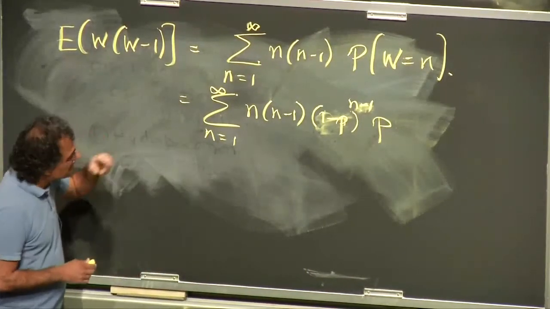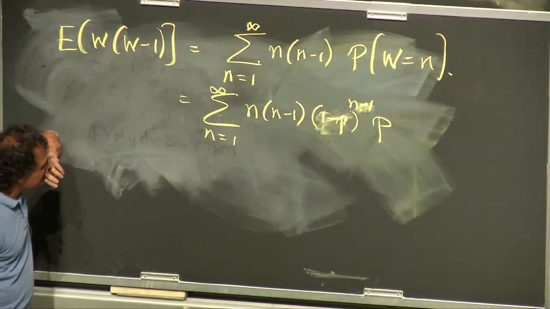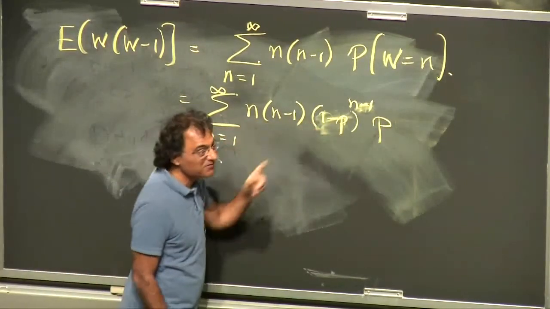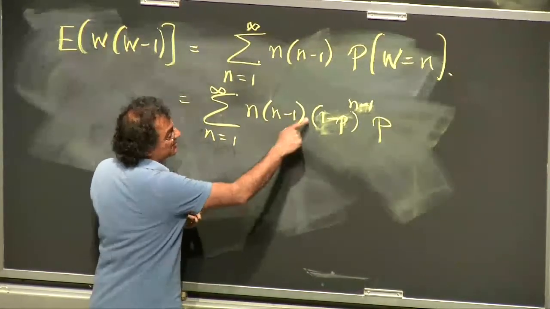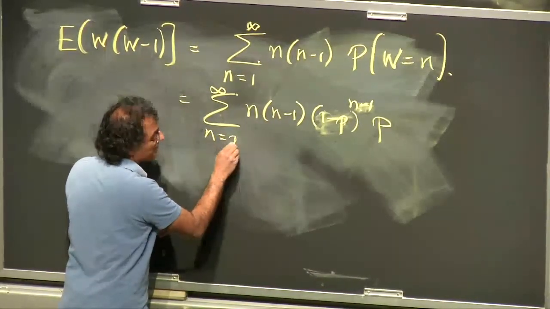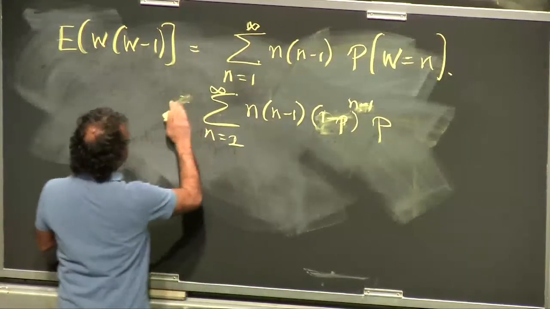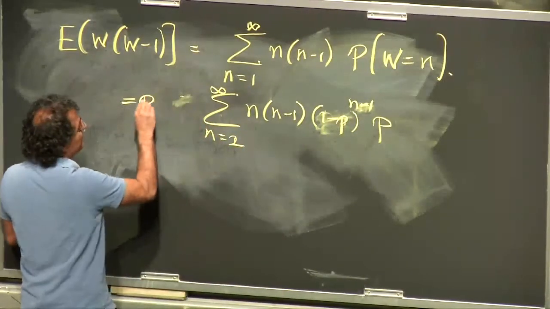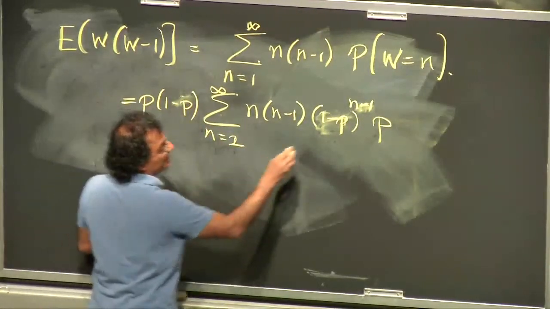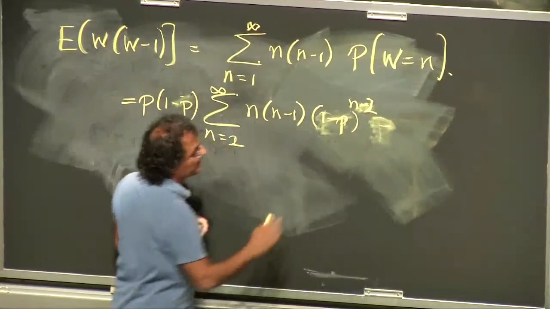Okay. So back to this. The first thing to notice is n equal to 1. At n equal to 1, this is 0. So you may as well start from n equal to 2. The second thing you do is you notice that you can pull out p times 1 minus p, and now you get 1 minus p to the n minus 2, and you get rid of this p.